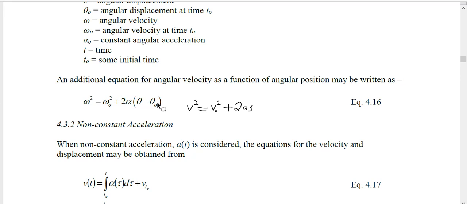Initial value is typically 0 because we start from 0, or whenever we start we take that point as 0. So this value is in most cases 0. So again same pattern of equation, just different symbols and different meaning. Why different meaning? One is linear, one is angular. So hopefully I covered whatever theory.